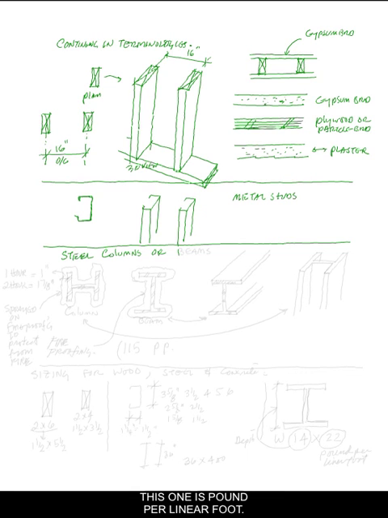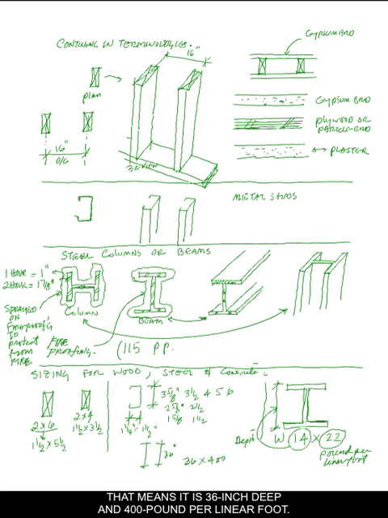This one is pounds per linear foot. So if you have a beam that is 36 by 400, that means it is 36 inches deep and 400 pounds per linear foot. We'll pick this up in the next lecture also.